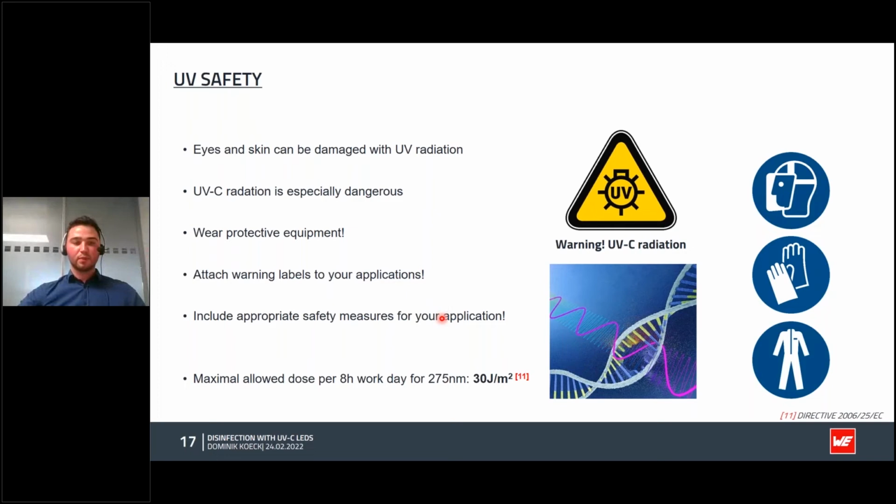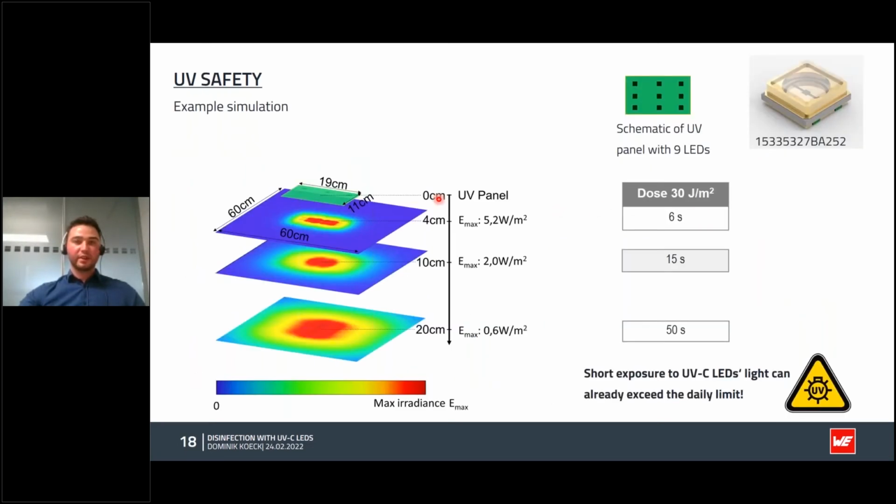There's also a maximum allowed dose per 8-hour workday. For 275 nanometers, it's around 30 joules per square meter. To show you how fast you can actually reach this maximum dose, I put again the example UV panel. There, at a distance of 4 centimeters, you can get this maximum dose of 30 joules per square meter already at 6 seconds.